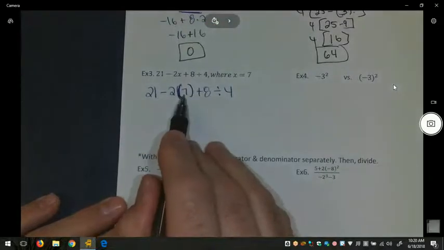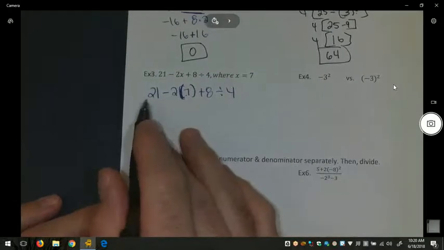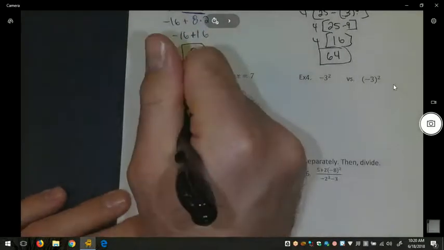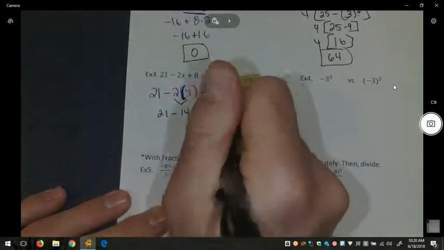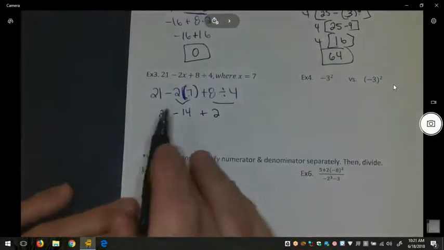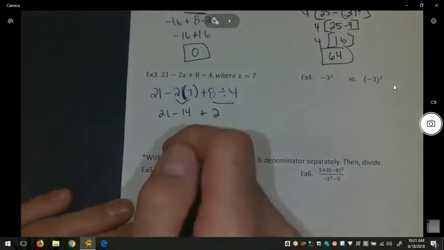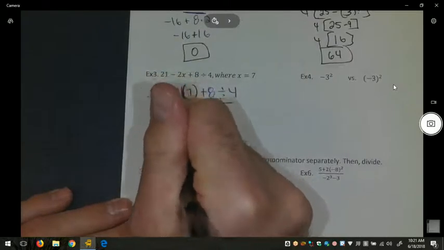Well, there's nothing to do in the parentheses. Then exponents. There are no exponents. Multiplication and division from left to right. So this becomes 21 minus 14. This becomes 2. And then addition and subtraction from left to right. 21 minus 14 is 7. Plus 2 is 9.